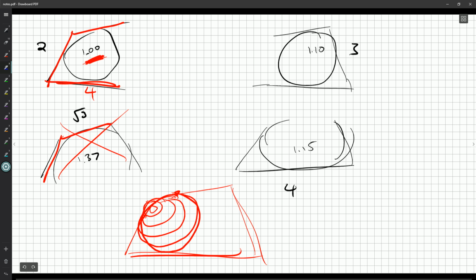Well, you might be able to do better than 1.0. You can't easily compare the 1.10 and the 1, but we could say something to the effect of, well, what about the 1.5?